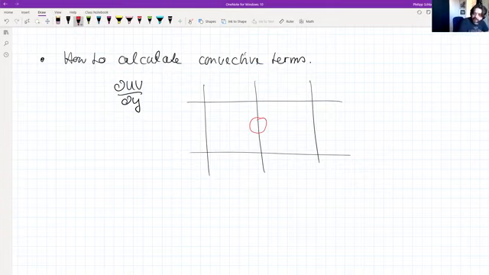So I need to calculate that in a velocity point. This would be point I, this is I plus 1, and this is I plus 1/2. So that's where it needs to be calculated.